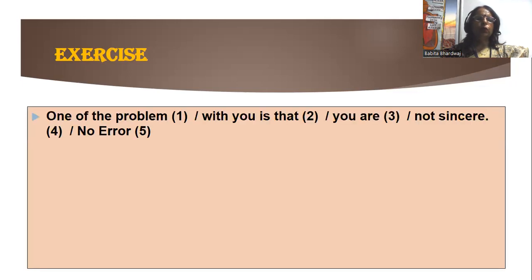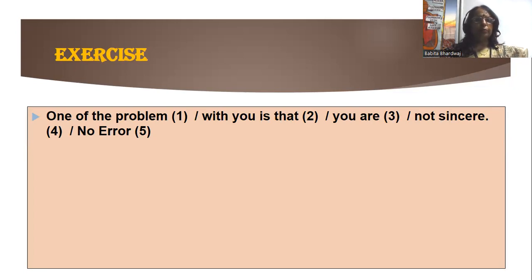Now coming to the next question, one of the problem with you is that you are not sincere. So no, and the last option is no error. When we are talking about one of the problem, it means there are so many problems. Out of those problems, there is one problem, right?